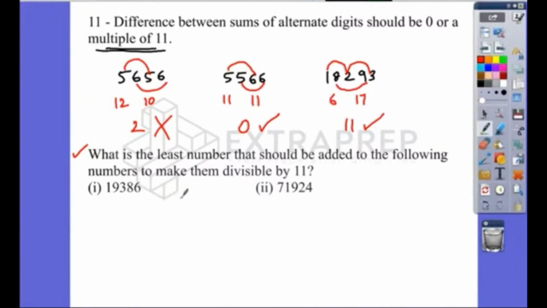I want you to answer these 2 questions. Sums of alternate digits.